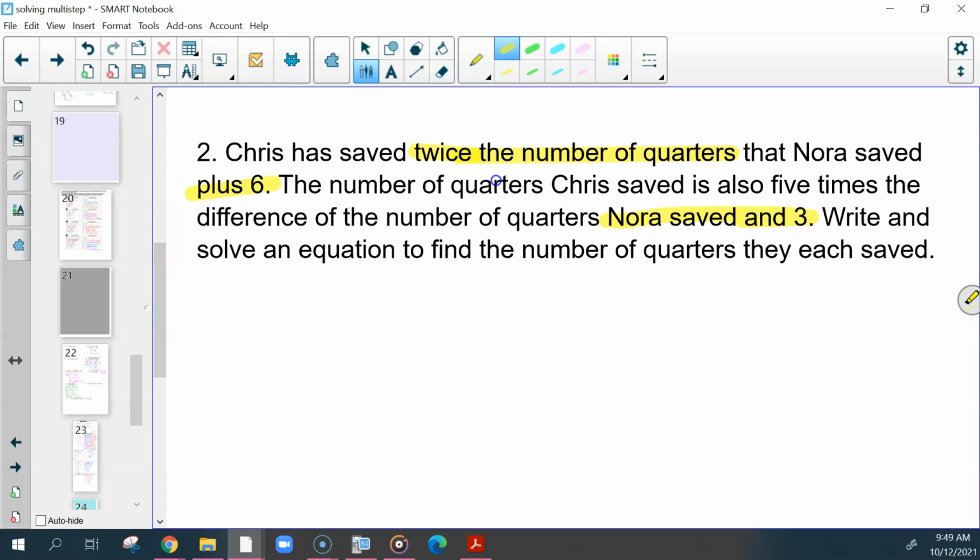What are they talking about here? Keep reading that sentence. Something about Nora saved. What are they doing with that and 3? So the difference of Nora's quarters and 3, and then 5 times. And we have to find the number they each saved.